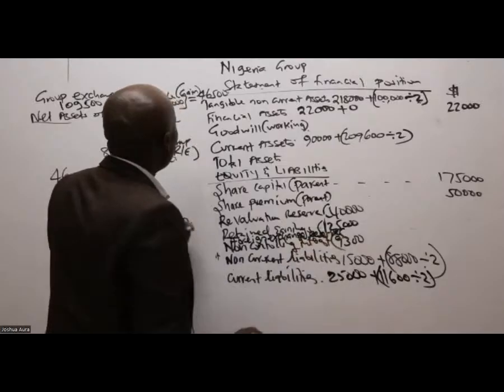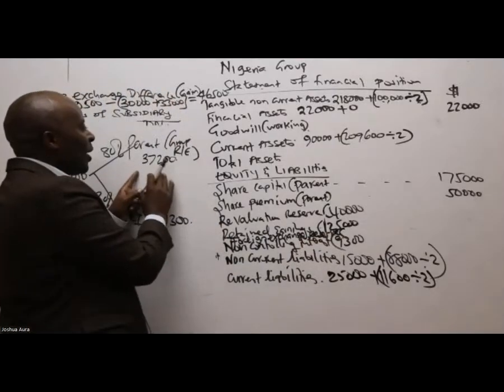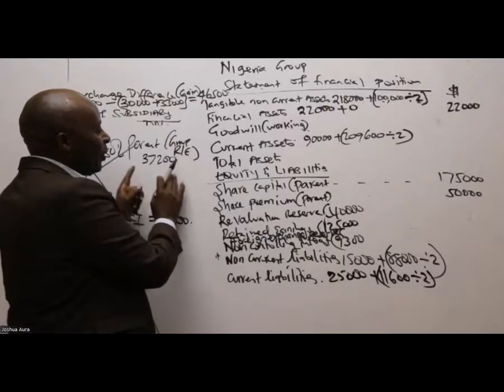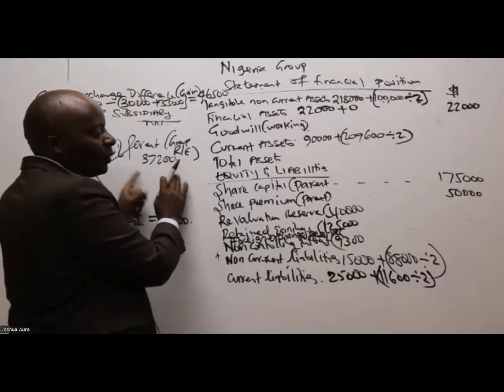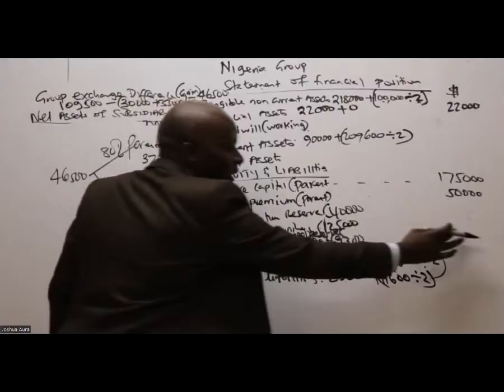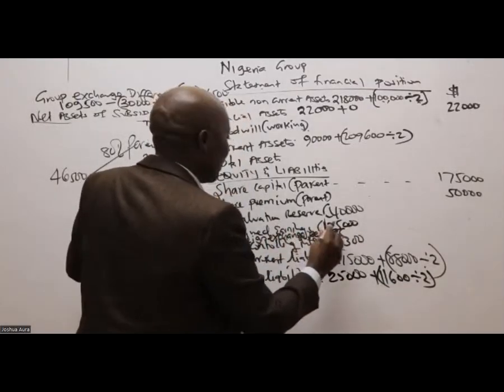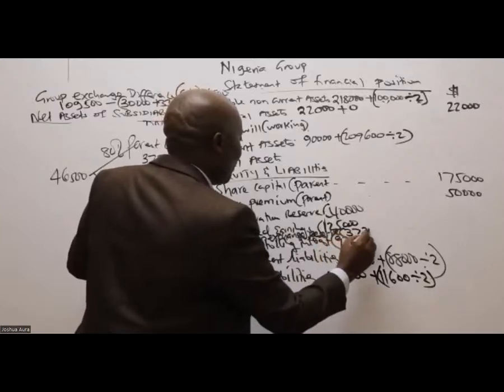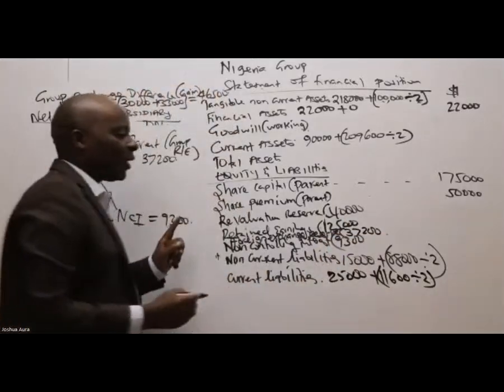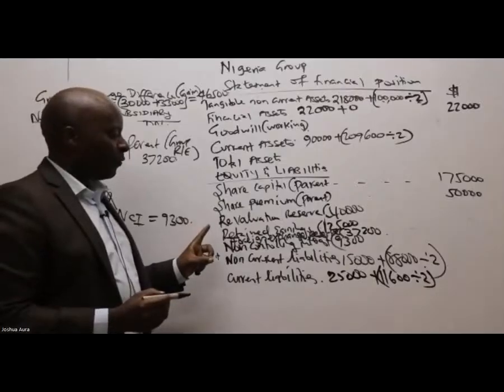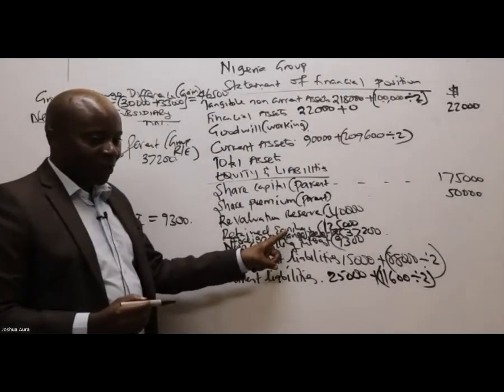So the foreign exchange reserve, the one of the parent, will go to the equity of the parent. But don't take it as the last figure here. We'll still have something. So for the foreign exchange reserve, you're just writing as a working 37,200 there. Not very clear.